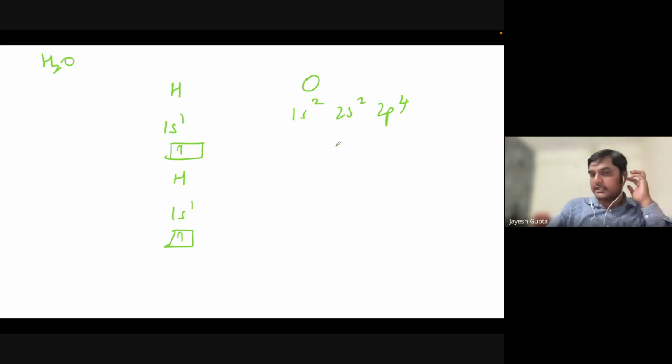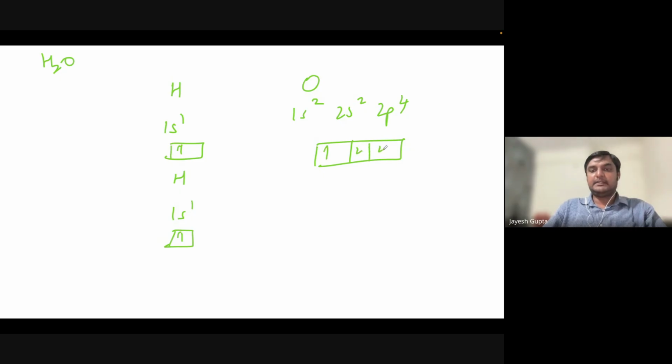So when I write the electronic configuration of 2p4, I will be getting like this one. Okay. So I can assign any direction to this one, py, pz, let's say. So here you can see one electron can bond with this electron and one electron can bond with this electron.